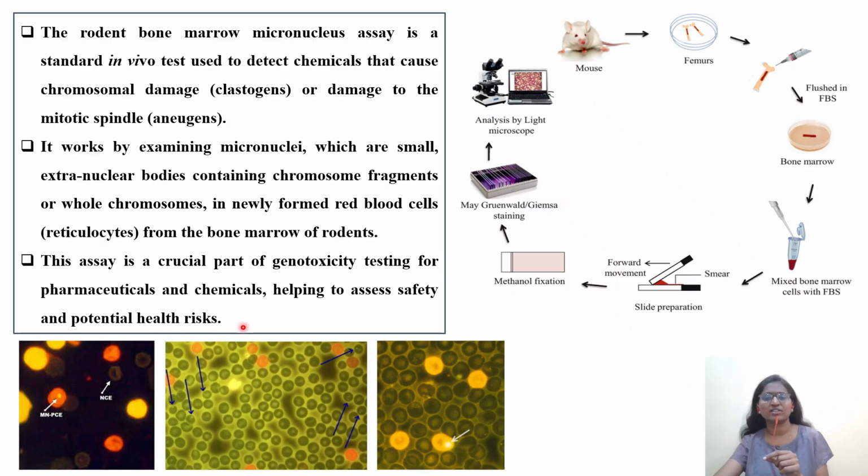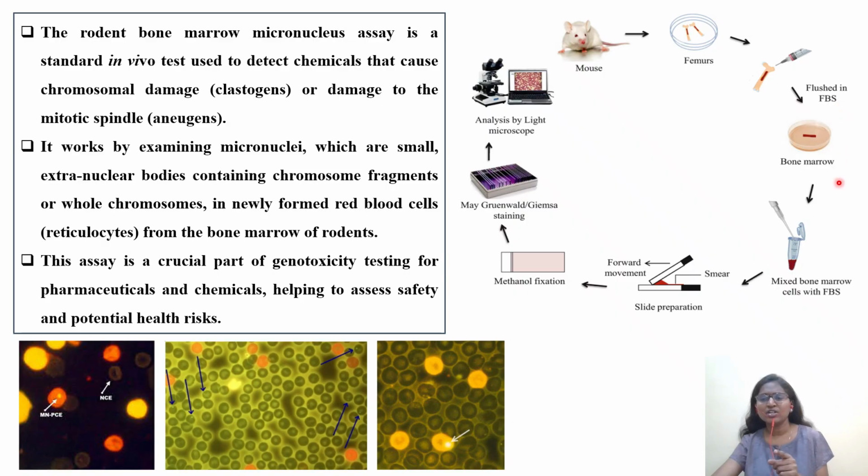If you look at this typical diagram, whatever the test item is, it is given to the test system, here mice, and then you isolate the femurs. Once the animals are sacrificed, we take out the femurs, and these femurs are flushed with fetal bovine serum.